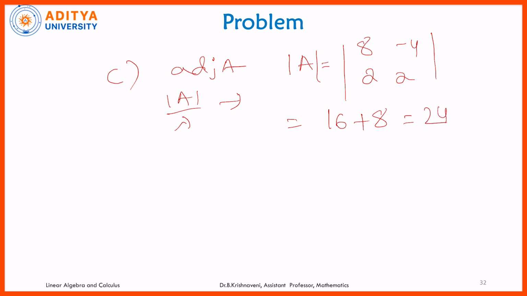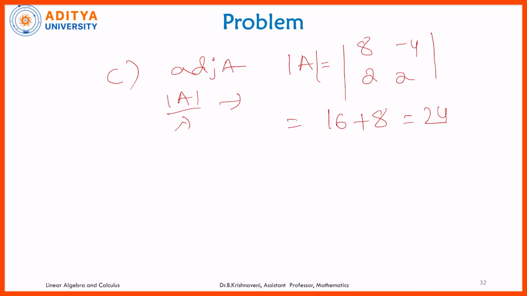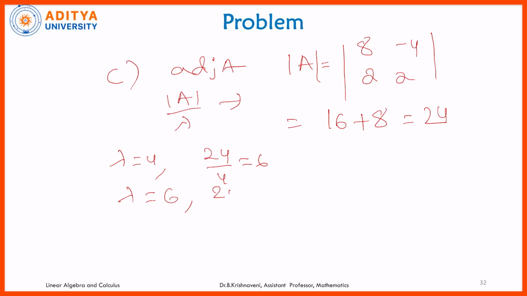As we already calculated, the eigenvalues of A are 4 and 6. For lambda is equal to 4, det A by lambda is 24 by 4, that is equal to 6. For the second eigenvalue, 6, 24 by 6 is equal to 4, representing the eigenvalues of adjoint A.